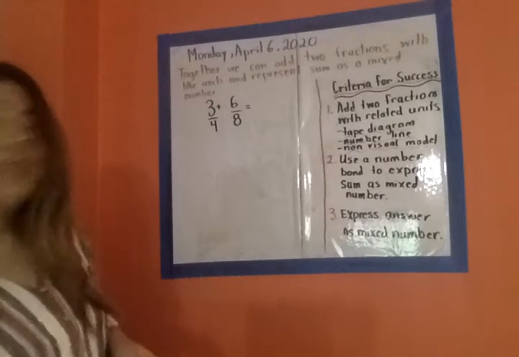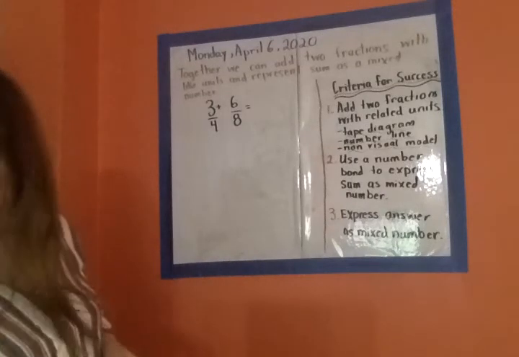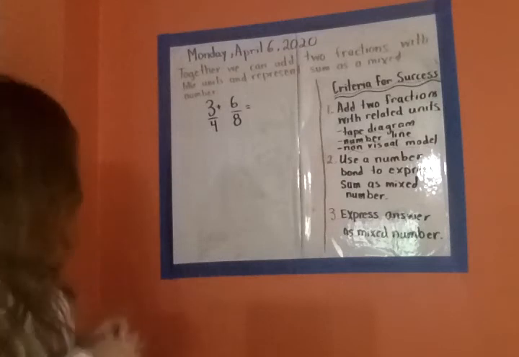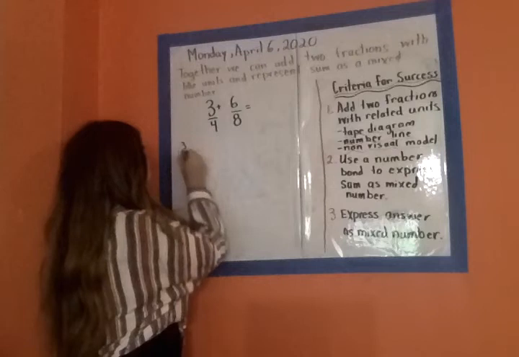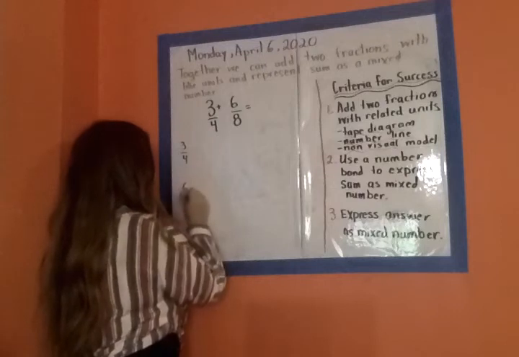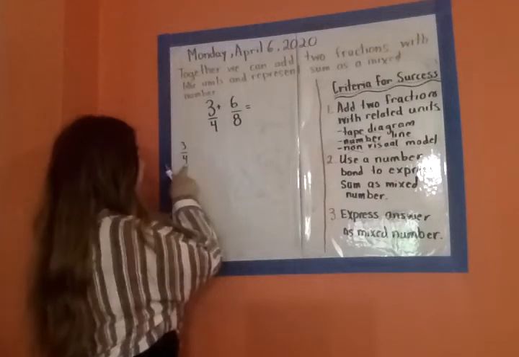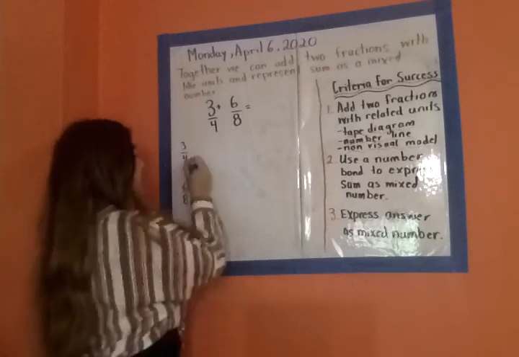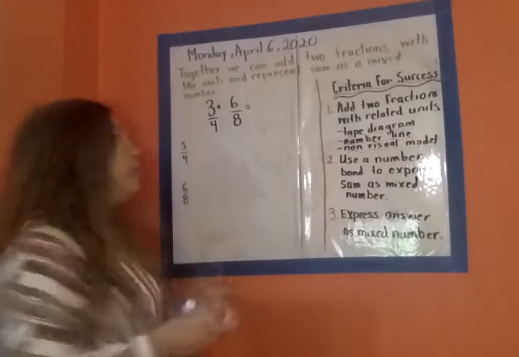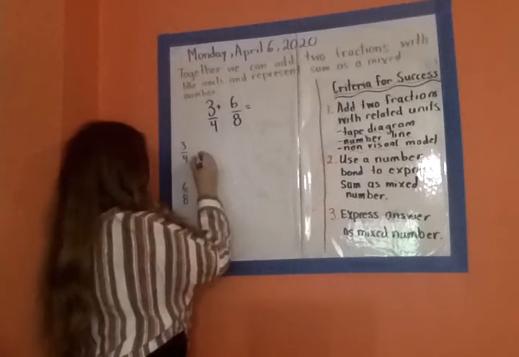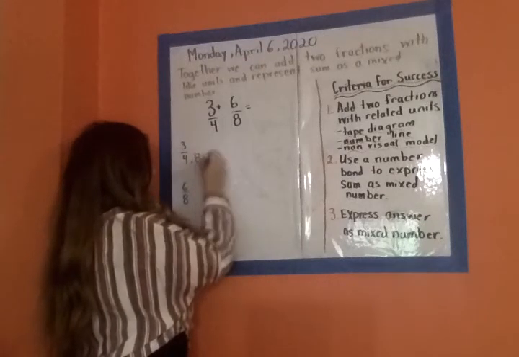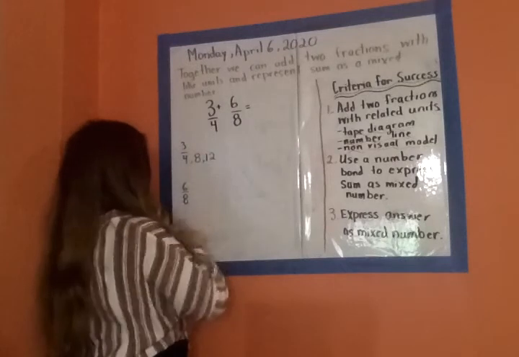The best way I can think of is to rewrite 3/4 and to rewrite 6/8. I look at the denominator in each and list my multiples. I've shown this to my group using skip counting. After 4 we have 8 and then 12.